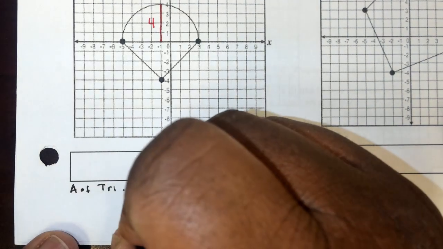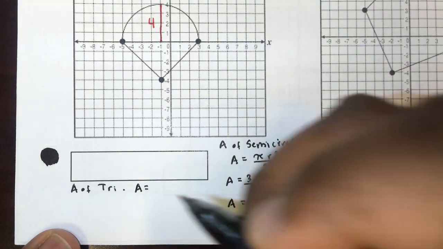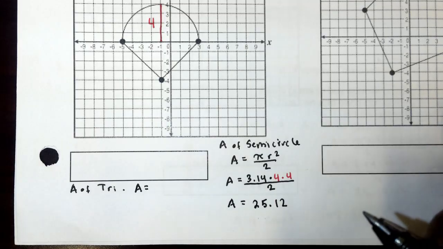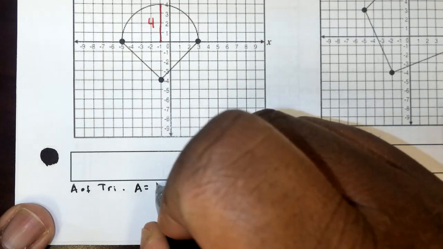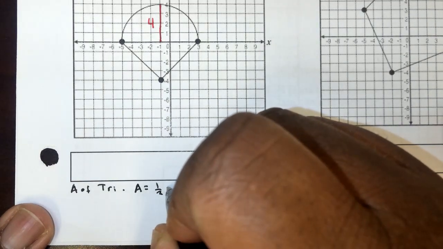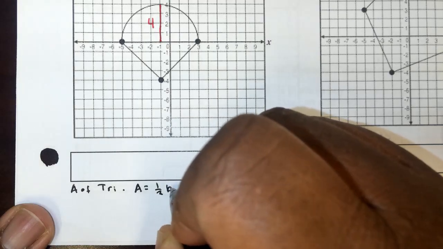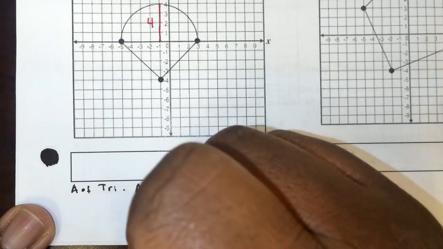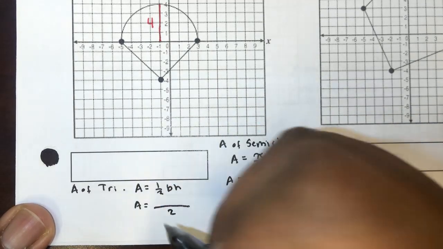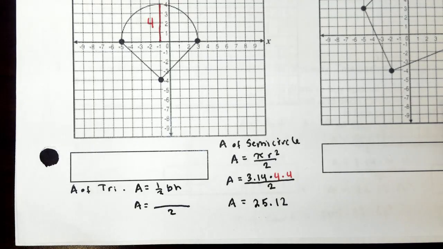Area of a triangle. Remember the formula for that? Yep. Area equals, going to divide by 2. For the triangle, we need a base and a height.